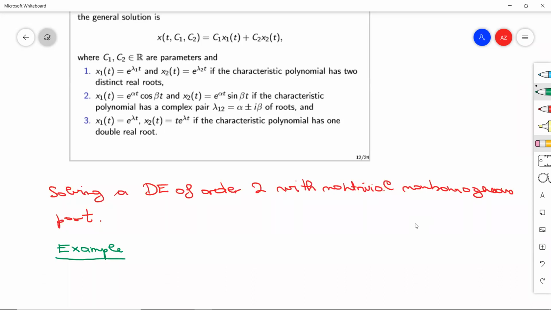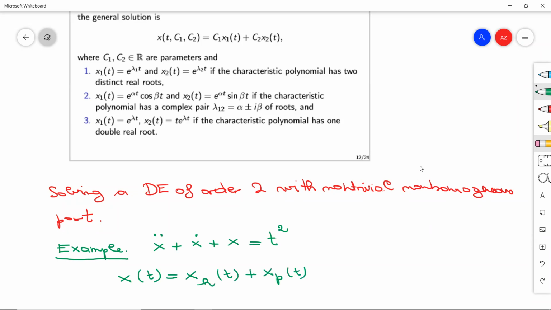But the most important thing is to figure out what's the form of the solution, and everything else is just computations. So let's say that we have a second order differential equation of this form: x double prime plus x prime plus x is equal to t squared. You know that the solution to this is the sum of a homogeneous part plus some particular solution.